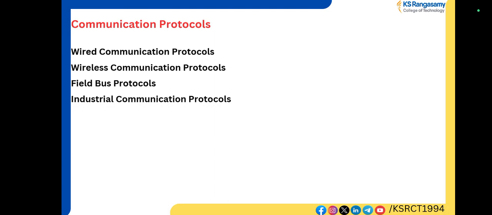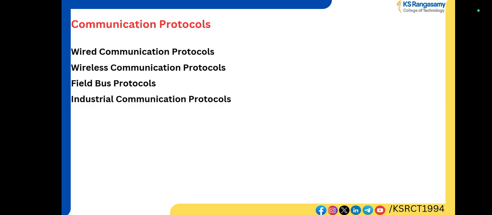We can perform different types of communication like wired communication, wireless communication, then protocol, field based communications, everything based on our applications. If you consider wired communication, the external device as well as the computer is connected with bus signals. It has two types of communication: either serial communication or parallel communication.